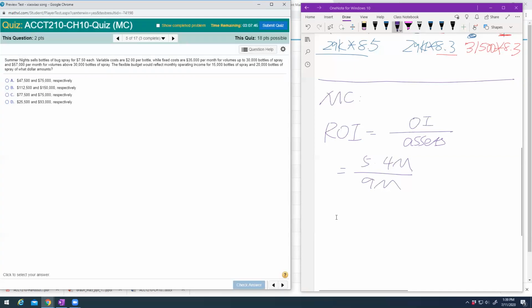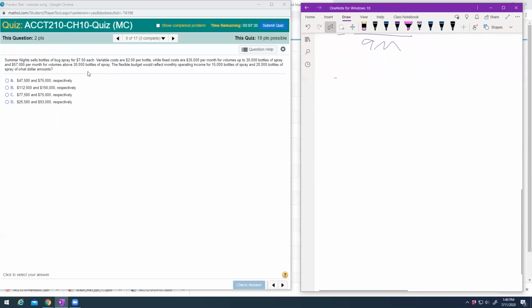Okay, let's look at this one. I want to do this one with you. This is a good one. I like it. Sales price is 7.5 each, with variable cost and fixed cost for the volume, and then 57,000.